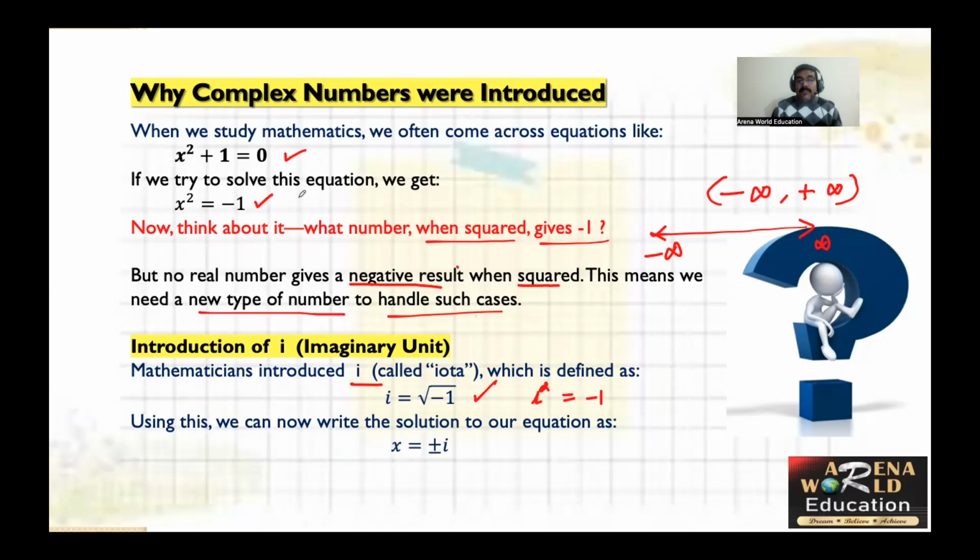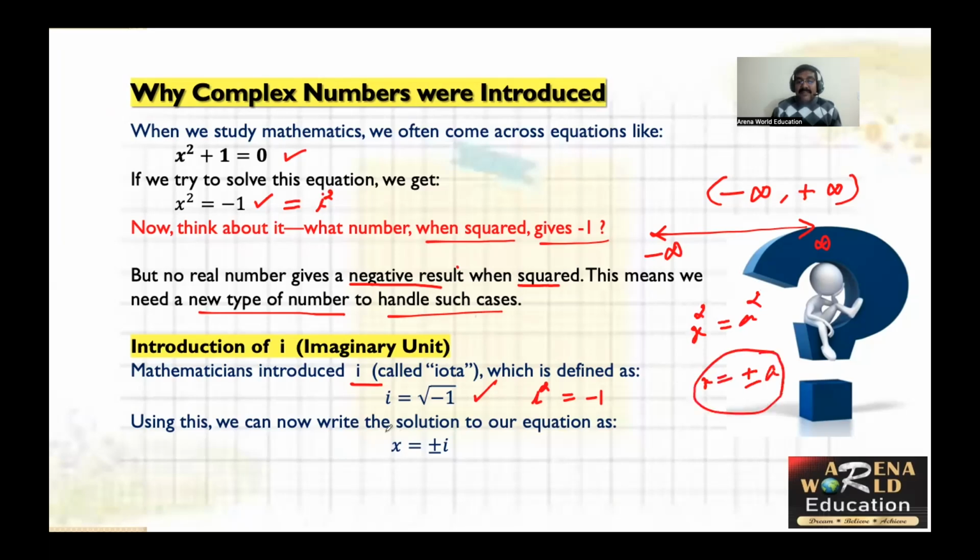So in place of minus 1, what can we do? We can write iota square. So x square is equal to iota square. And when we have x square is equal to a square, then x will be equal to plus minus a.